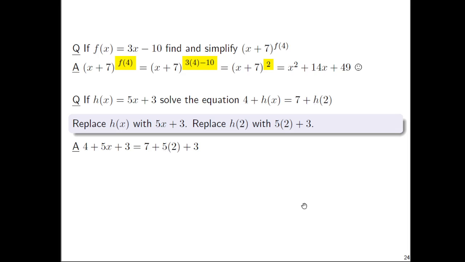Now let's clean up what we have, right? On the left side, this is 5x plus 7. On the right side, there's some arithmetic. 7 plus 10 plus 3, that's 20. So now take 5x plus 7 equals 20, subtract 7 on both sides. 5x equals 13, divide both sides by 5, x equals 13 fifths.